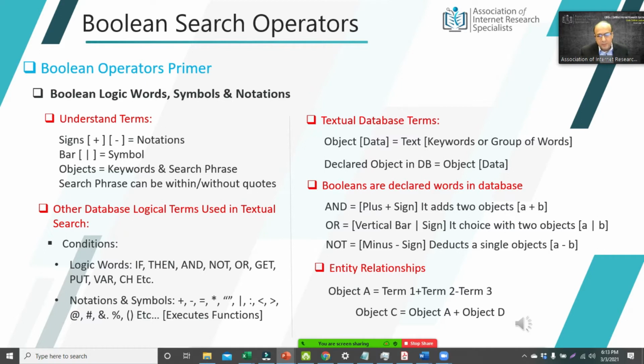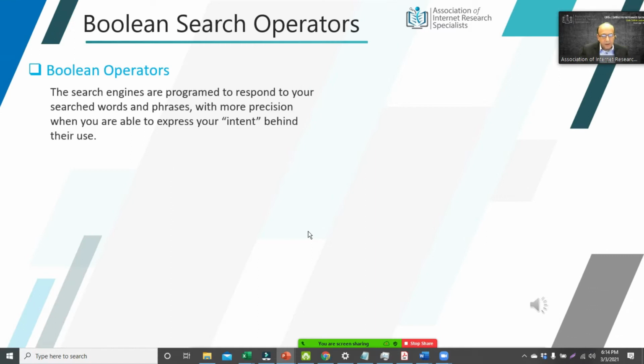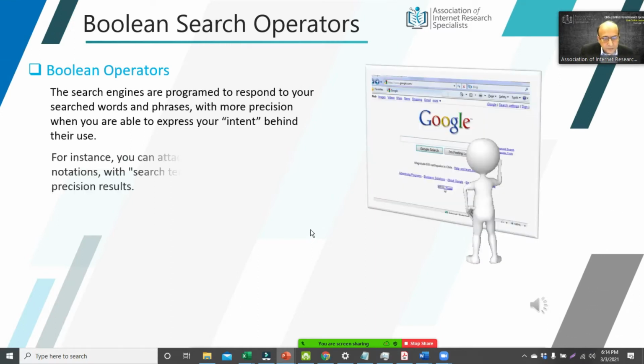Declared object simply means that it is equal to; it's not greater than, it's not less than, it is declared as equal to. This is just basic algebra. Booleans are declared words, okay, that's fine. So anyway, the search engines are programmed to respond to your search words and search phrases.